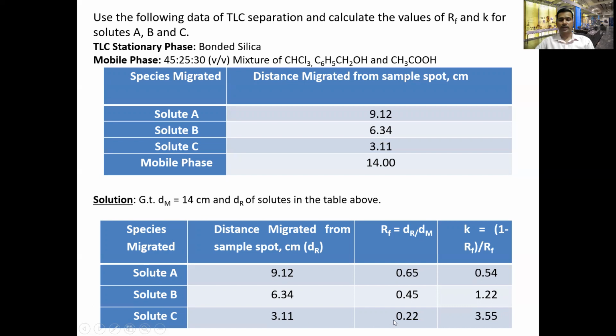For solute C, you will get the k value after substituting the RF value in the equation 1 minus RF divided by RF, that is 1 minus 0.22 divided by 0.22, that is 3.55. So like this, when you are trying to solve numerical problems, you can understand the theory involved in separation by TLC very well. So this is all about some numerical problems related to TLC.